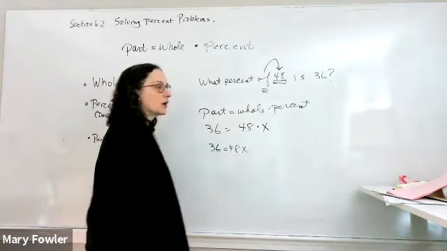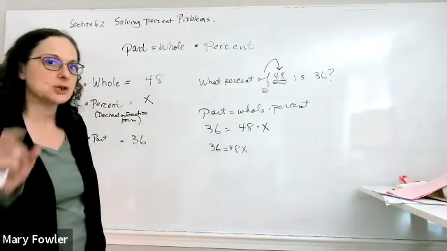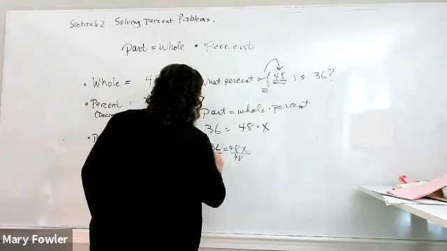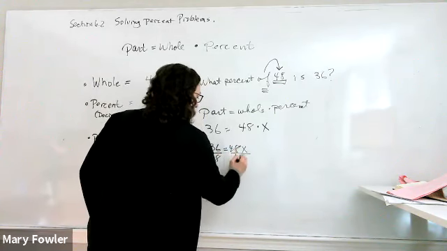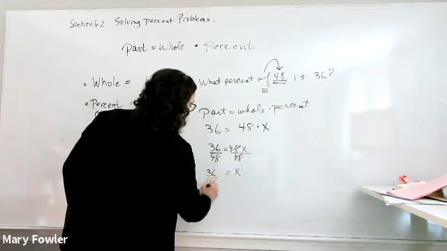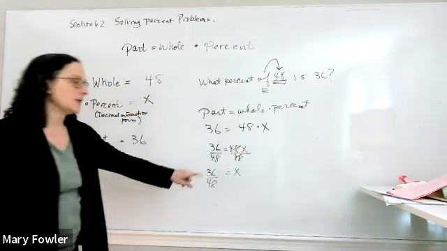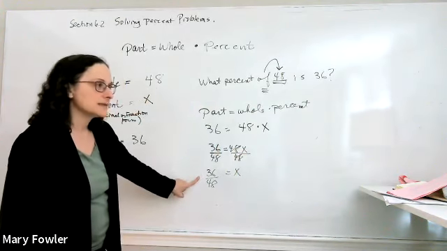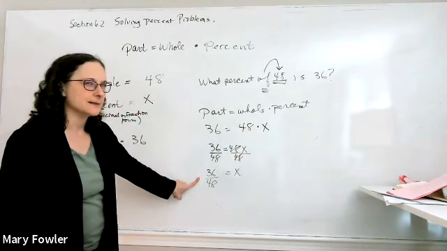So 48 and X are attached by multiplication. We're going to divide both sides by 48 to isolate the X. Okay. And we have 36 over 48 is equal to X. Now, I noticed that this is not in simplest form.